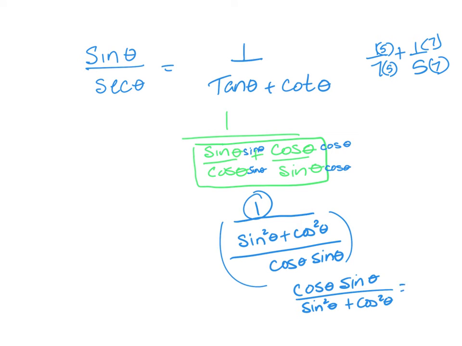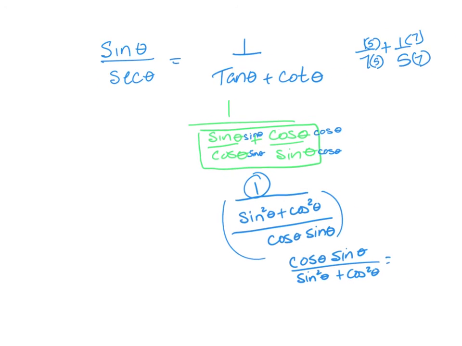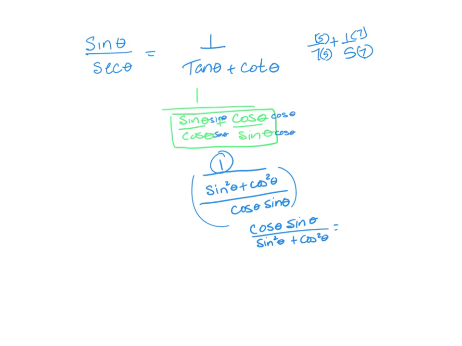Okay? So what do we have here? What is the basement equal to according to your identity sheet? So this guy's equal to cosine of theta, sine of theta on that side.